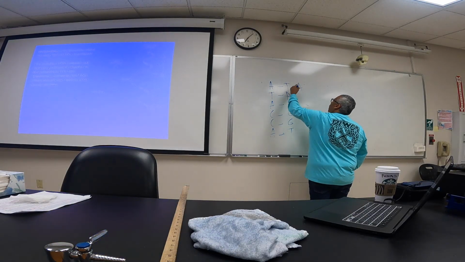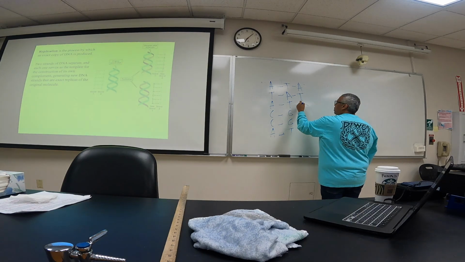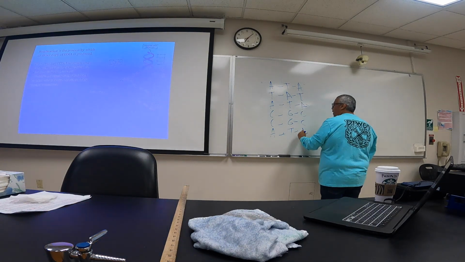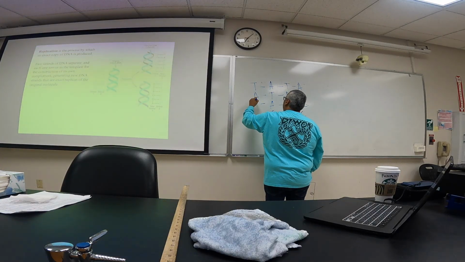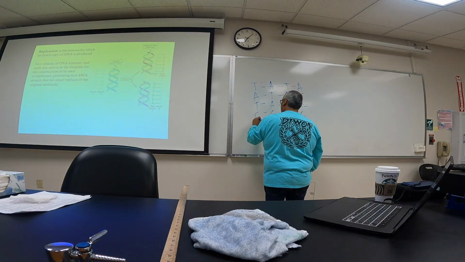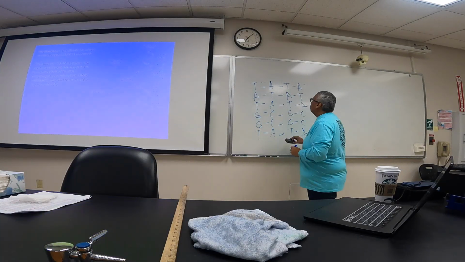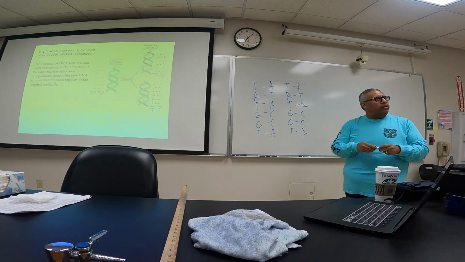So this can go to A, this will go to T, this will go to A, C, C, A, and then over here we have T, A, T, C. Nope, this is G, G, T. And we can make two daughter strands, right?